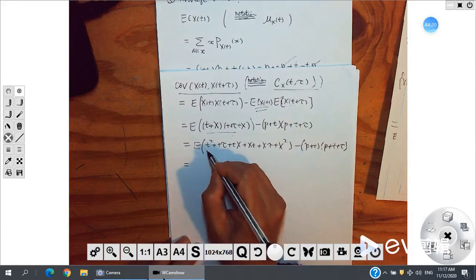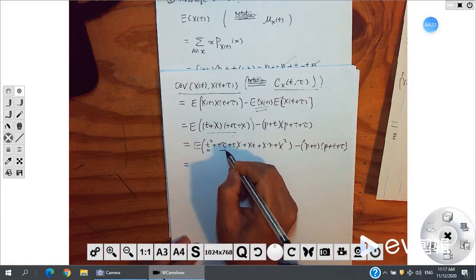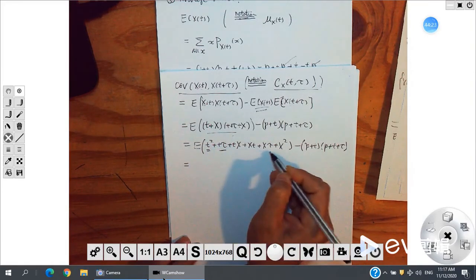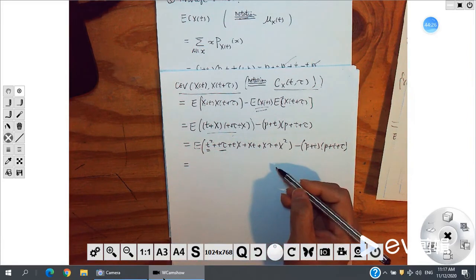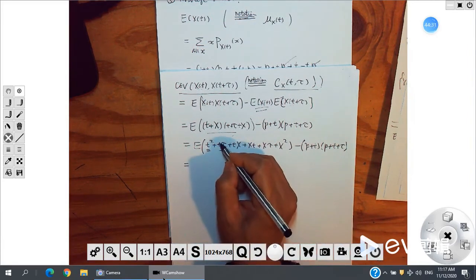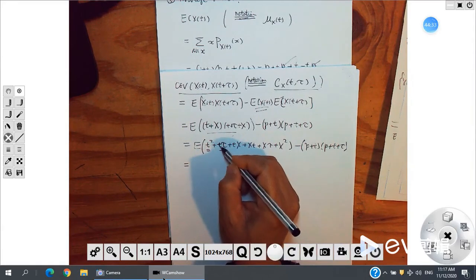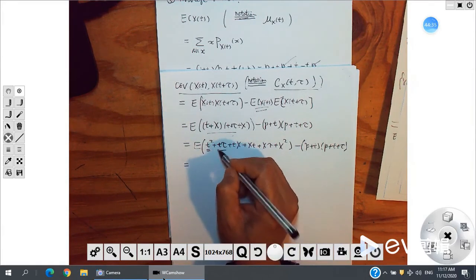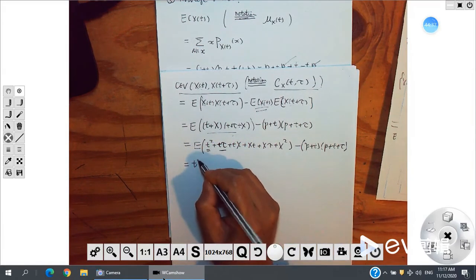Now t squared and t tau, the t and the tau, are not random values. They are just times. For different times they are different, but they are not random, so when you take the expectation they stay the same value.